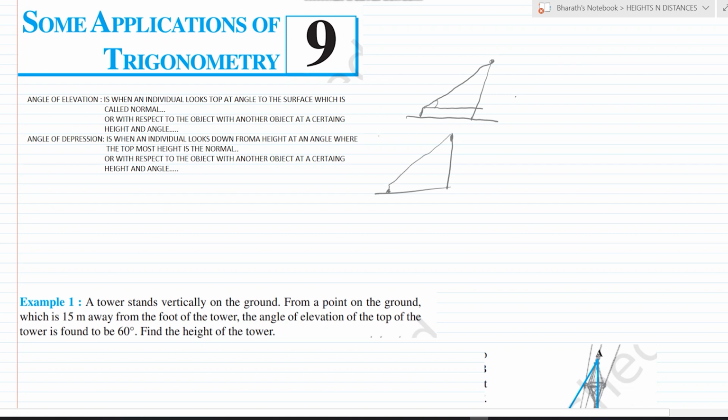So this will become the normal and this is our height. From here, this angle is our angle of depression, and with the theorem of opposite angles, like adjacent angles, this also will become the same angle as this. Suppose this is 45, then this will also become 45 degrees.